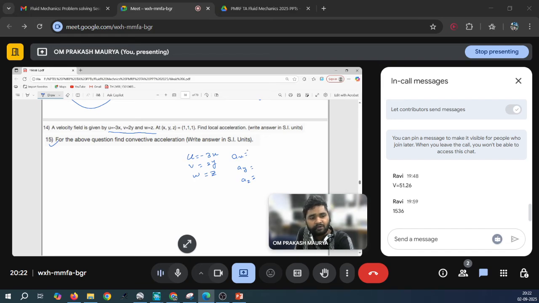So the formula for convective acceleration is u del u by del x, v del u by del y, w del u by del z. Similarly for y, u del v by del x, v del v by del y, w del v by del z.